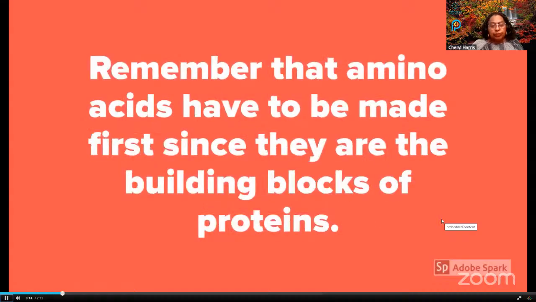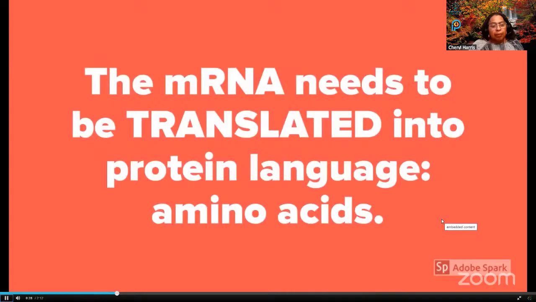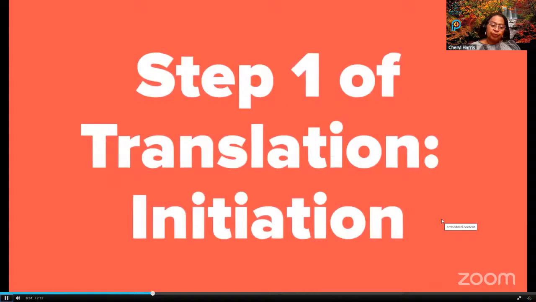Remember that amino acids have to be made first since they are the building blocks of proteins. When the mRNA strand gets to the ribosome, it is in the wrong language. The mRNA needs to be translated into protein language, amino acids.